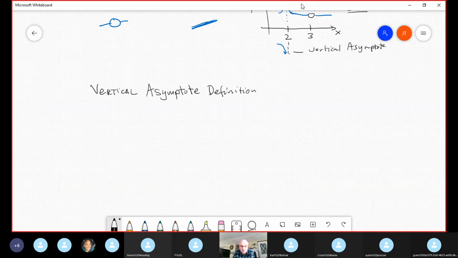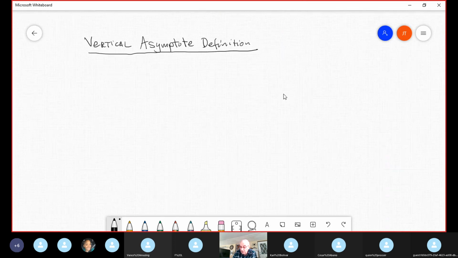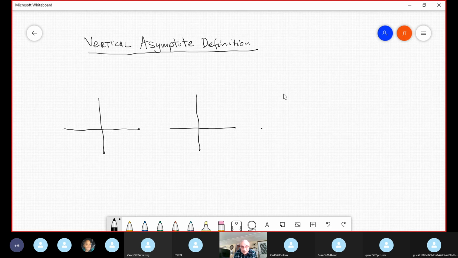Definition. Let me try to see the idea geometrically first, and after that I complicate it with the notation and definition. Suppose we have four possibilities in a rectangular coordinate system, XY.